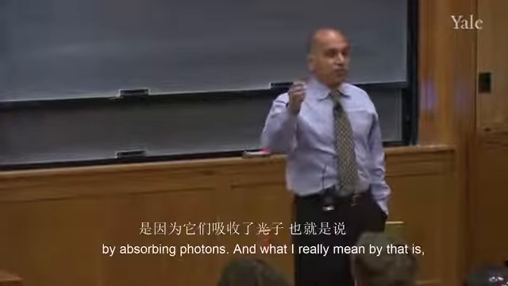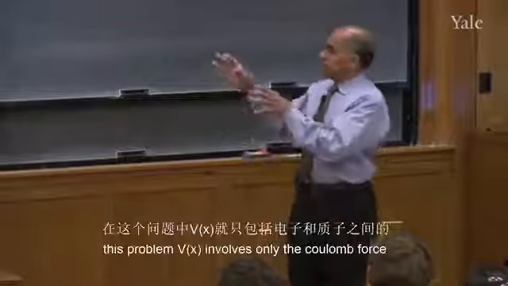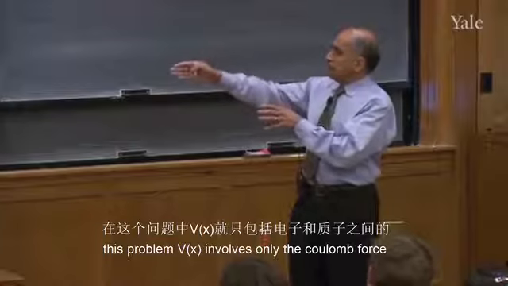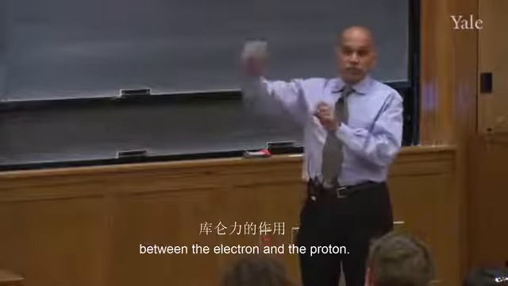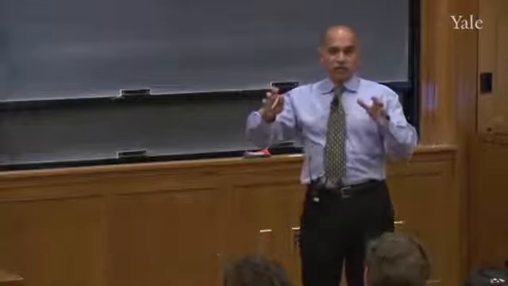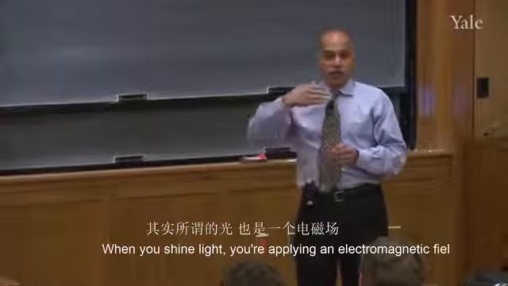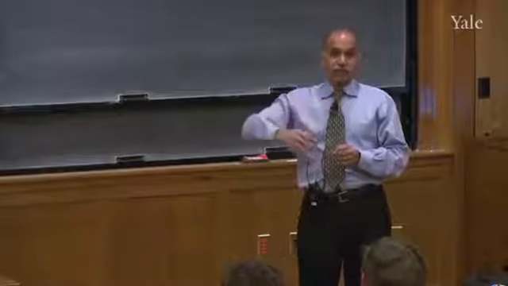That's correct. She said by absorbing photons, and what I really mean by that is this problem, V of x, involves only the Coulomb force between the electron and the proton. If that's all you have, an electron in the field of a proton, it'll pick one of these levels, it can stay there forever. When you shine light, you're applying an electromagnetic field.